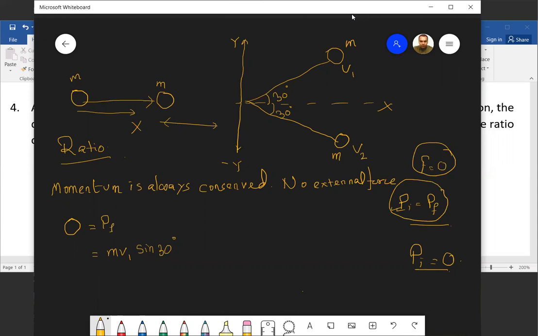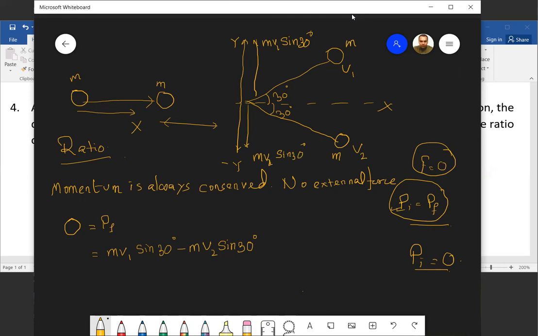Since this second momentum is vertically downward, we will write it as minus m v2 sine of 30 degrees.